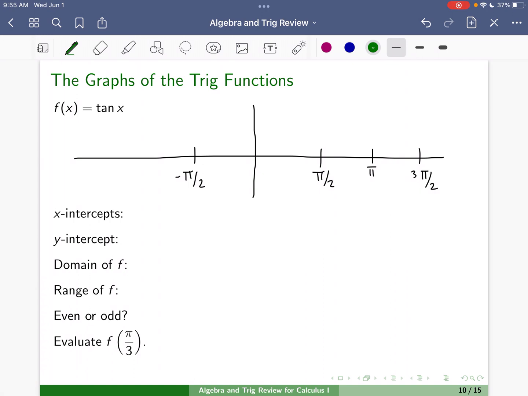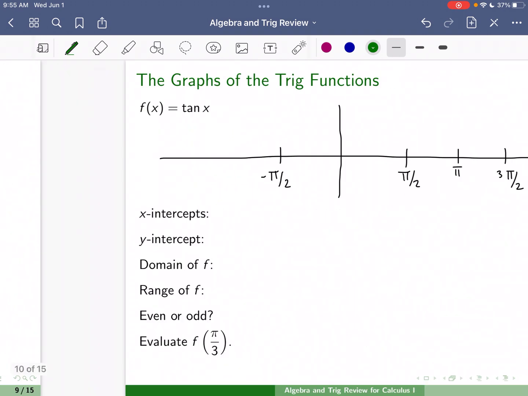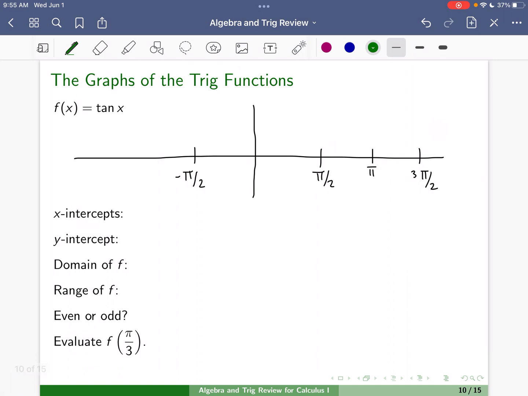So whenever cosine is 0, we saw in our last video, cosine is 0 at the odd multiples of pi over 2. So at pi over 2, we're going to end up having a vertical asymptote, at 3 pi over 2, at negative pi over 2.